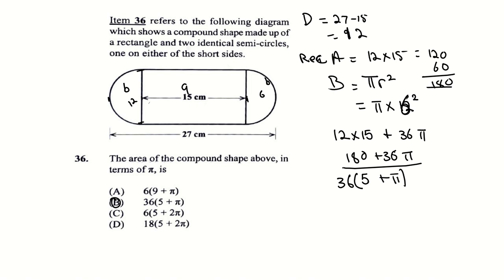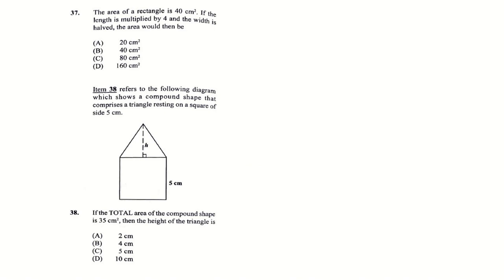Right, now let's look at 37. The area of the rectangle is 40. If the length is multiplied by 4, the width is halved. The area would be, hold on, let me take my time. Area of a rectangle, length times width, length times breadth. They told me that length times breadth is equal to 40.